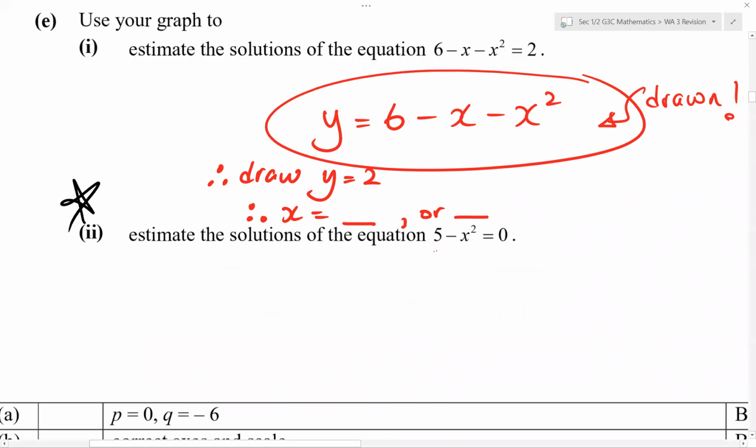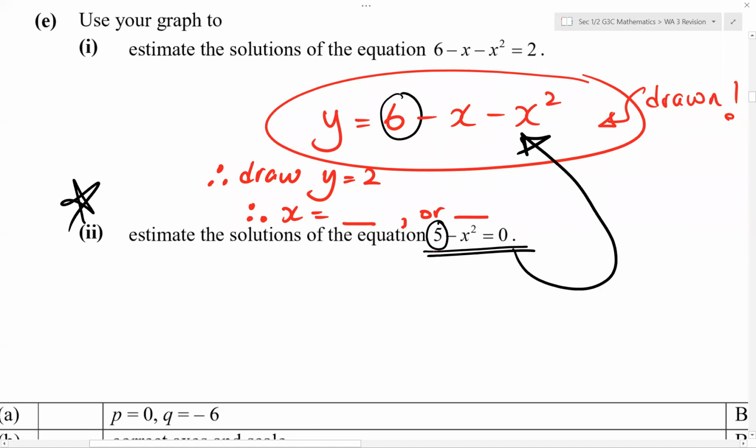Now, in case some of you are confused, our objective is always to transform this to look like whatever you have drawn. The objective is to transform this given equation to whatever you have already drawn. Compare the 5 and the 6.